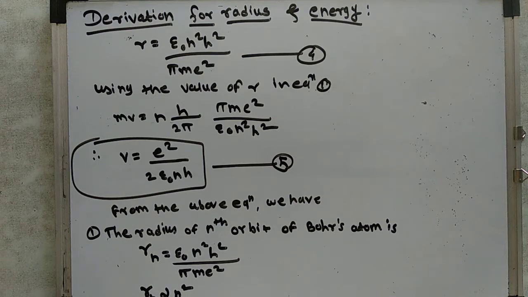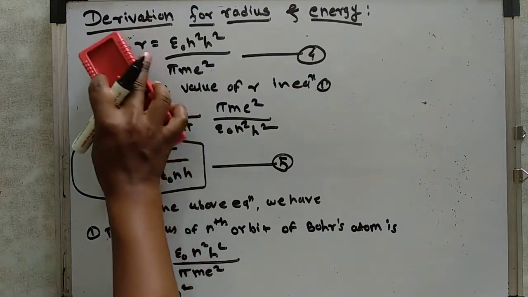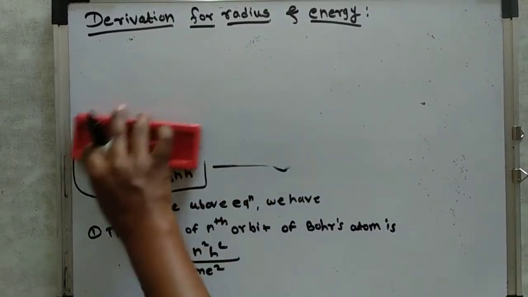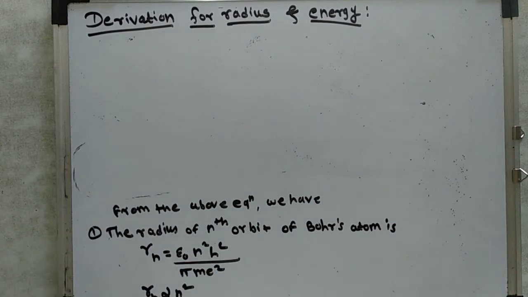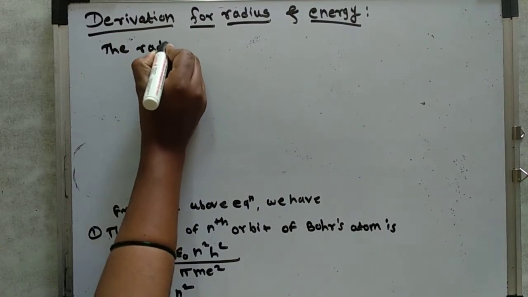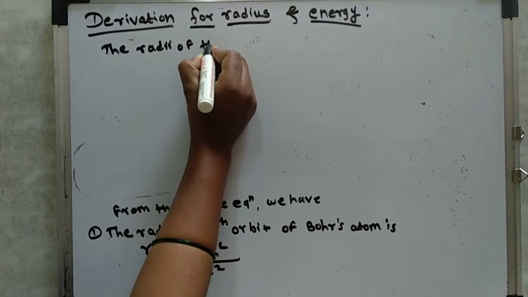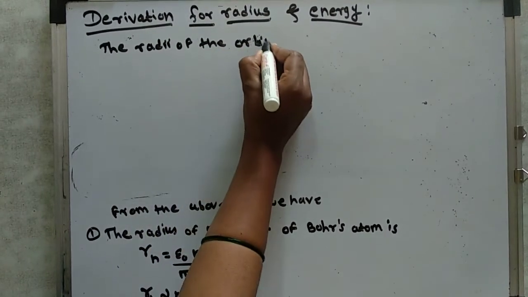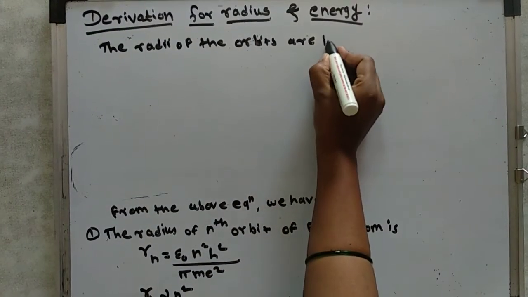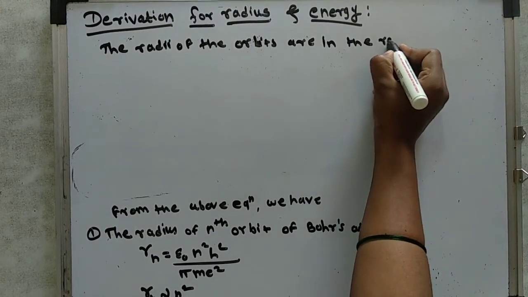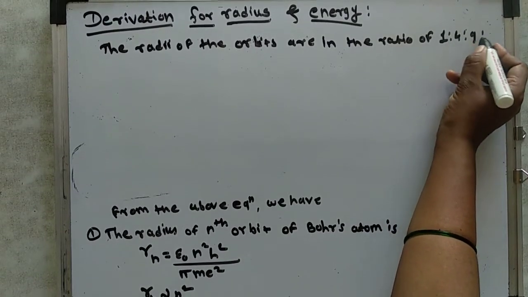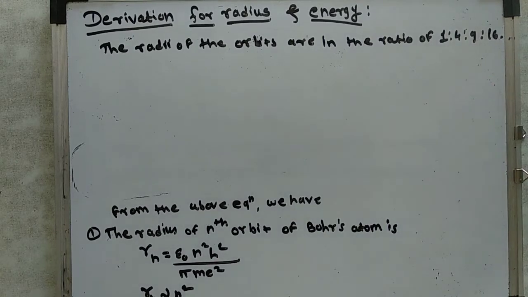Thus, the radii of the orbits are in the ratio of 1:4:9:16 and so on.